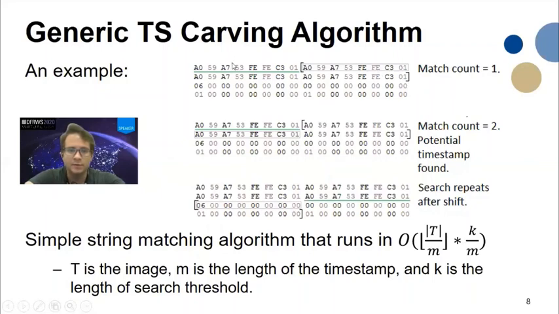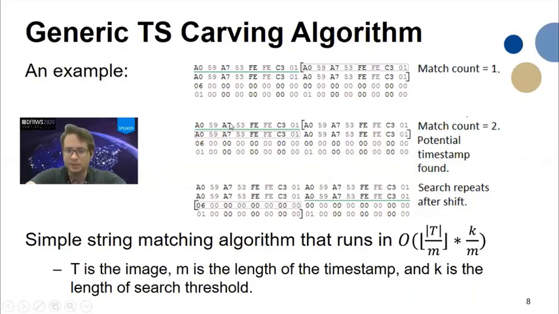And we have this first test of seeing whether this candidate timestamp is equivalent to this test sequence of bytes over here. We have 1 match. And we check the next non-overlapping sequence of bytes of length m, whether it's equal. And again, it is equal. And so we say, okay, we have found a potential timestamp, because this means that there are 3 sequences of bytes of length m, in this case of length 8, that are totally identical.